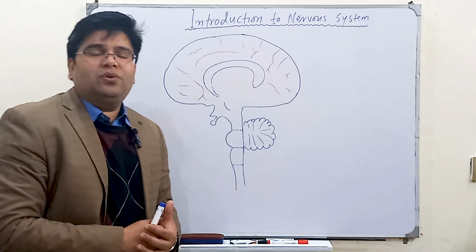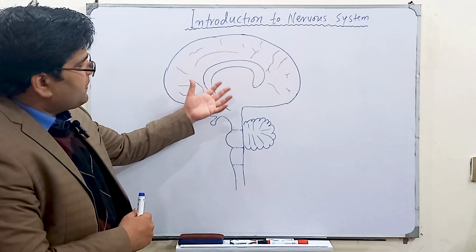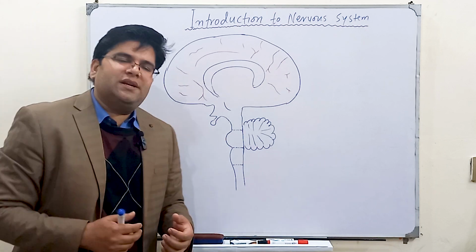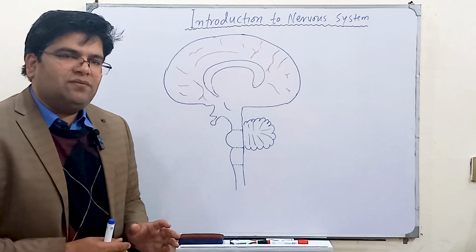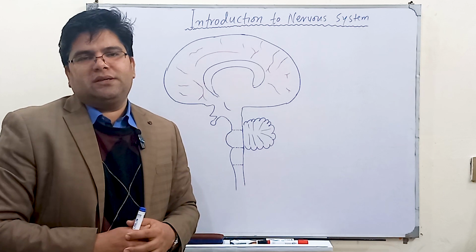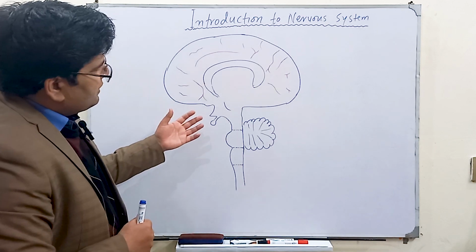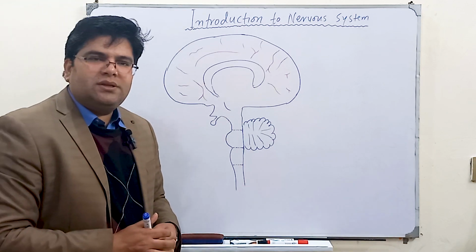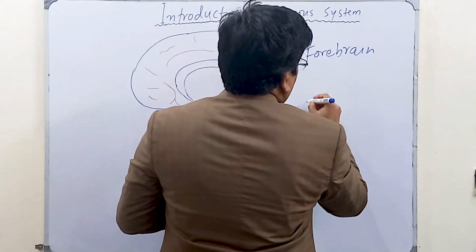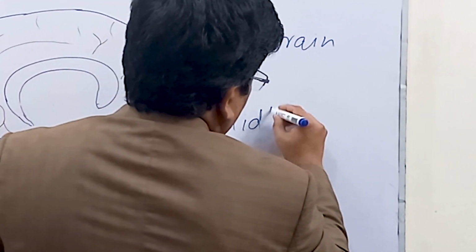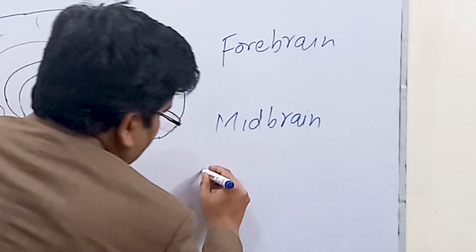Let's have an overview. What are the major parts of our central nervous system? As you know that central nervous system, it contains two main parts. One is the brain and the other one is spinal cord. Brain, it has got three parts: the forebrain, then is our midbrain, and then is our hindbrain.